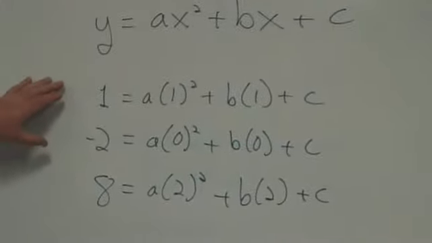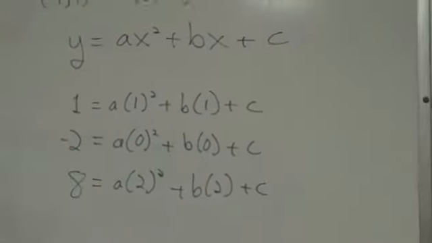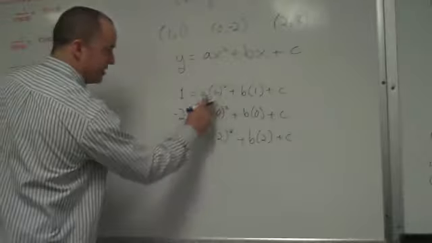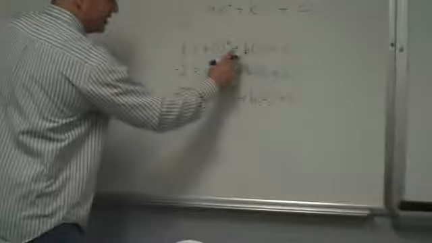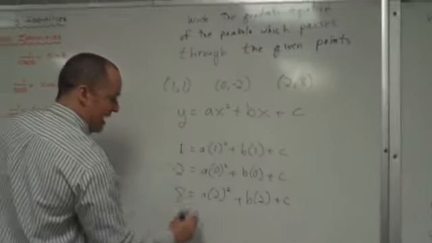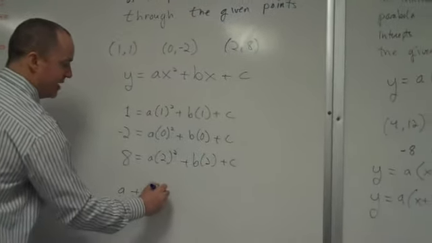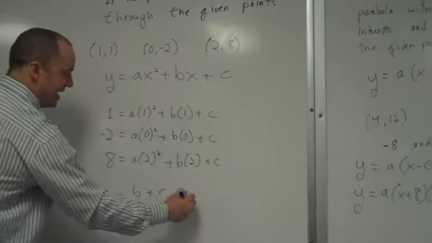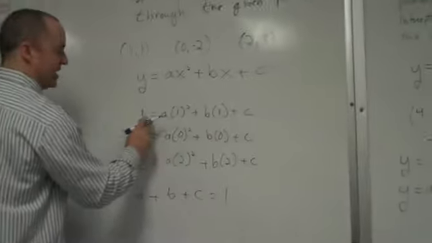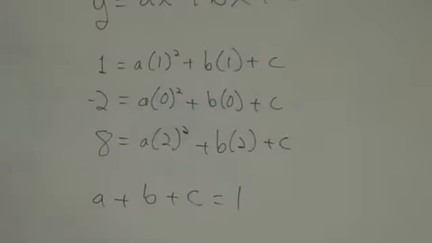Now, for Kramer's rule, we're used to seeing the linear equations in what's called standard form, which would look something like, if I rewrite the equations down here, this is 1a. But we never had A and B and C. No, you had x, y, and z, but it's the same principle. This would be 1a plus 1b plus c equals 1. I figured out what 1 squared is, what 1 times b is, and I put the equals 1 on the other side.